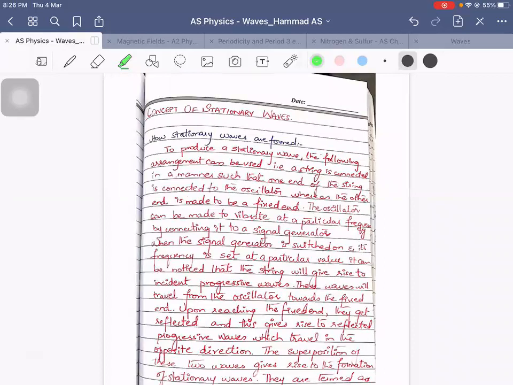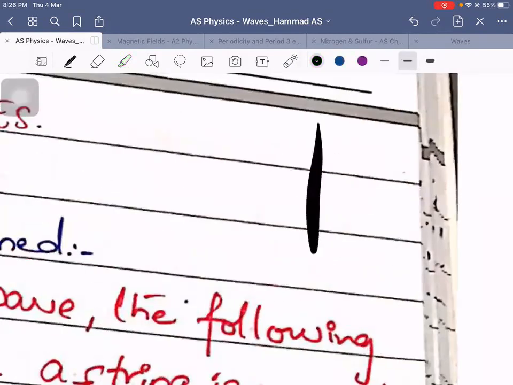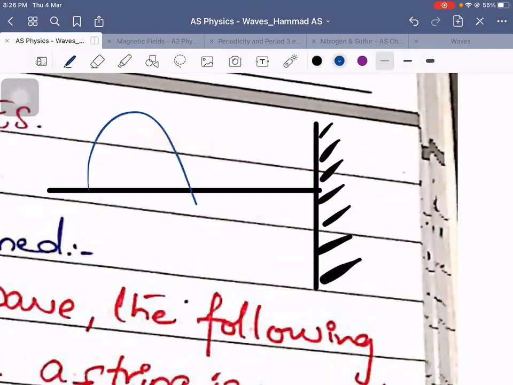Next part comes stationary wave. Stationary waves, like we discussed previously, are the ones where there is no net transfer of energy. So let's say this is a barrier, the wave travels such that it reflects and cancels off.